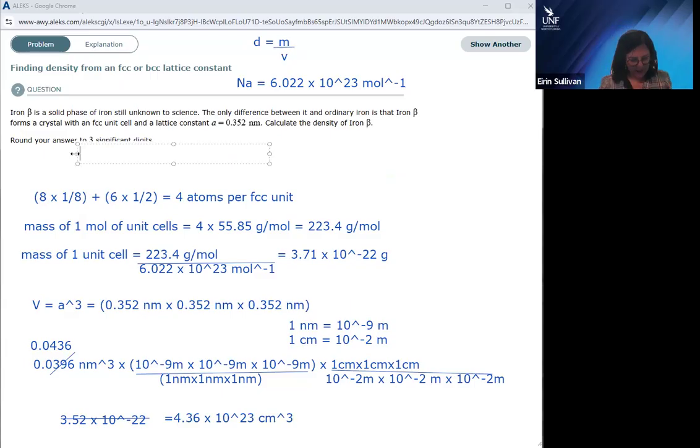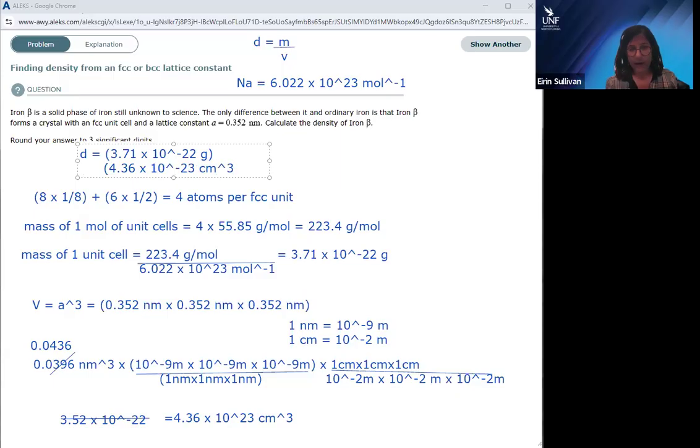Okay, so my density is going to be my mass, which was 3.71 times 10 to the power of minus 22 grams, divided by my volume. Again, you may need to be careful with parentheses, which I finally got, is 4.36 times 10 to the power of minus 23 centimeters cubed.